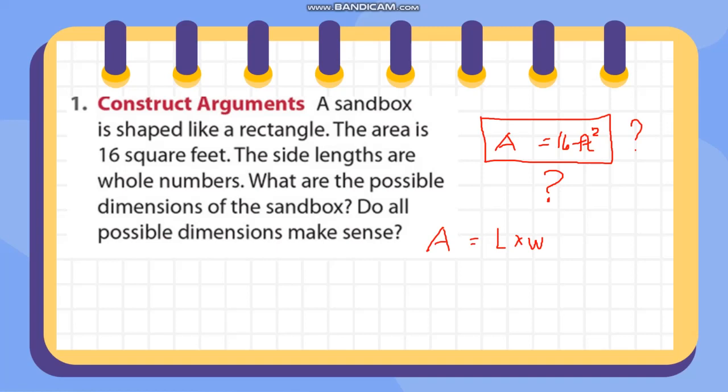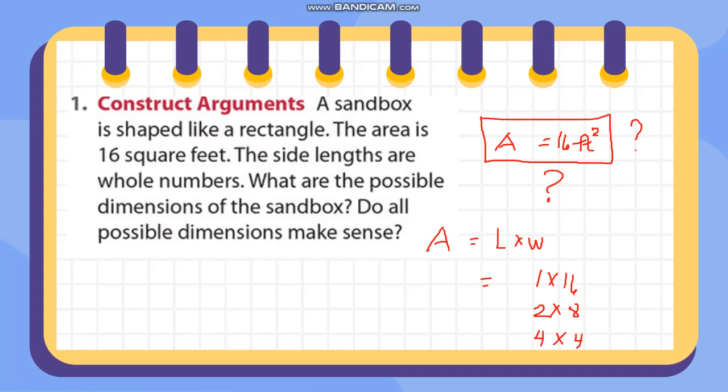So can you please give two factors that, when you multiply, the answer is 16? The possible answers are 1 multiplied by 16, 2 multiplied by 8, and 4 multiplied by 4.